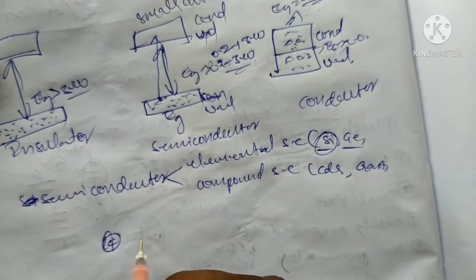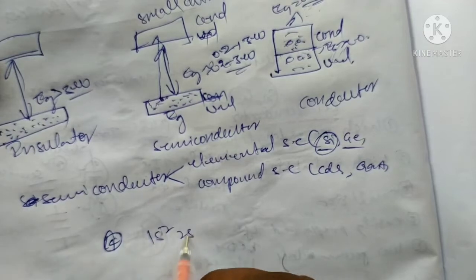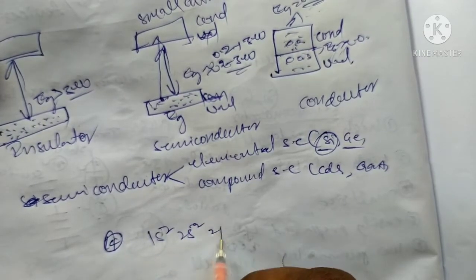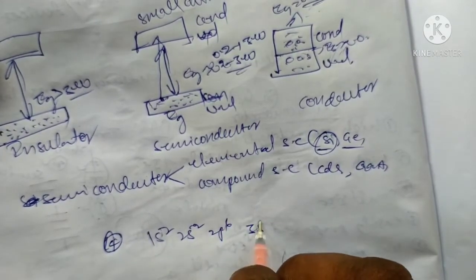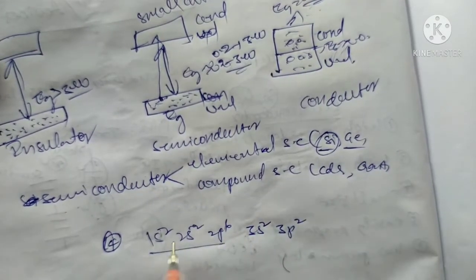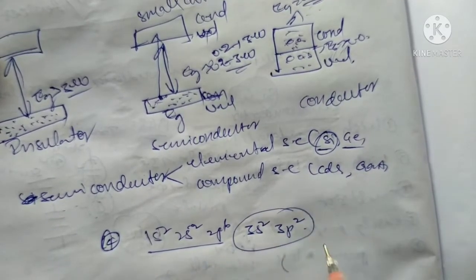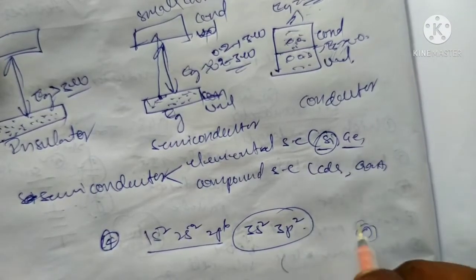That is 14. The electron configuration of silicon is 1s2, 2s2, 2p6, 3s2, 3p2. Here 2, 2, 6, 2, 2 make a total of 14.